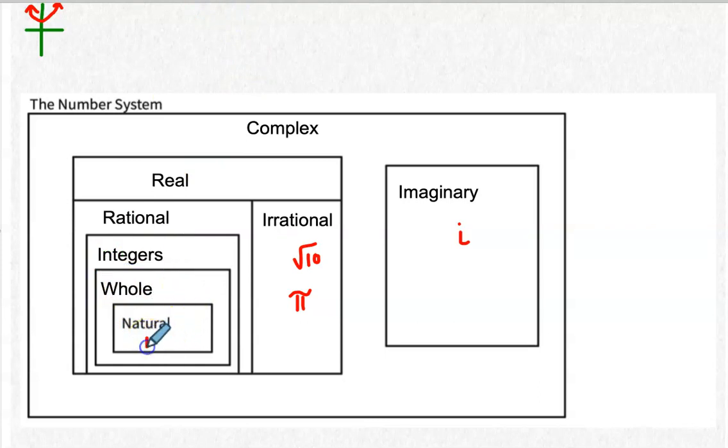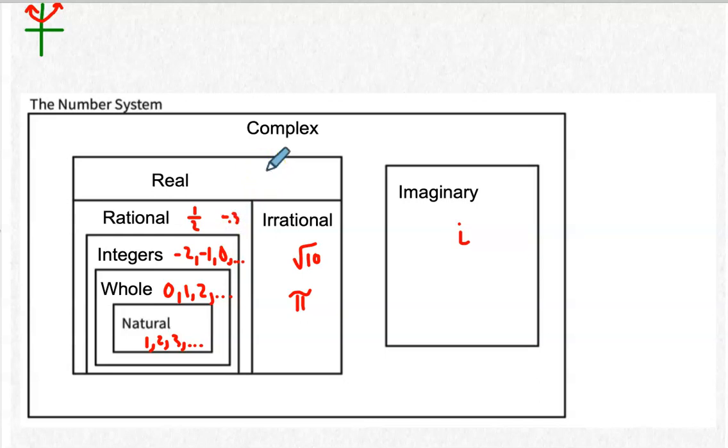So natural numbers would be 1, 2, 3, and so on. Whole numbers are natural numbers, just including 0, so 0, 1, 2, and so on. Integers includes the negatives, and so on. And rational would just include anything that can also be written as a fraction. So negative 1/2, or positive 1/2, negative 0.3, things along those lines.